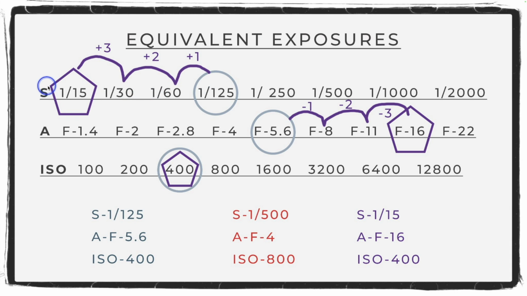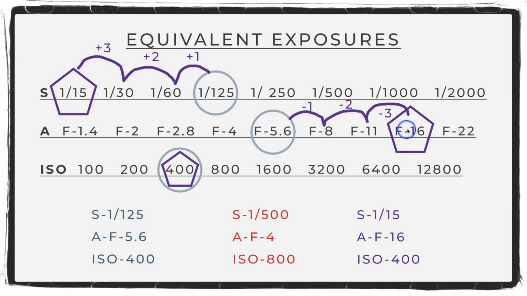And each number that we go down is a whole stop. So that is plus 1 stop of light, plus 2 stops of light, plus 3 stops of light. So we are now 3 stops overexposed by making this movement. So the equivalent exposure, because 400 isn't going to move, we're going to keep it on that ISO, is taking 5.6 to let less light in.